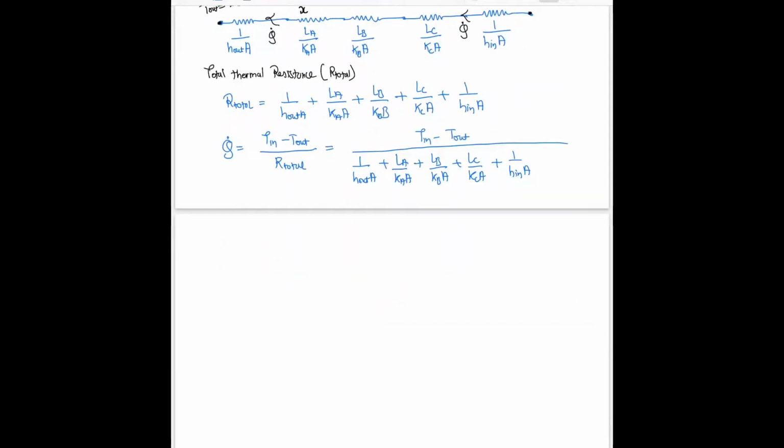We can also rearrange the equation as Q dot divided by A, since we can take out A as a common factor from the whole equation.